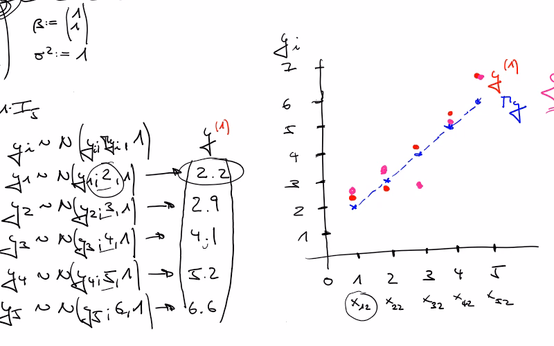So for example, something like this, which has a different offset, or something like this, which also has a different offset and a completely different slope. So you can only generate, based on the GLM for simple linear regression, these kinds of data patterns.